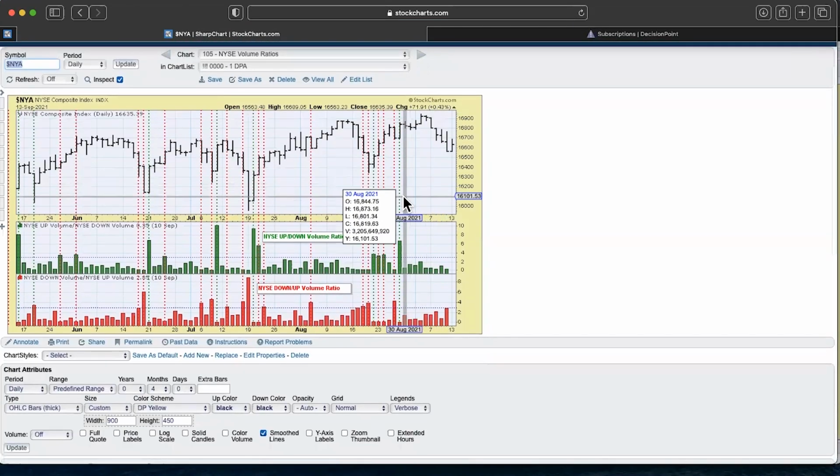And what you want to see, if it's an upside climax, is a reading above 3 on the up-down volume ratio. If you have a downside climax, you want to see a reading of more than 3 on the down-up volume ratio. Those are your confirmations. So hopefully that helped you to understand more about DecisionPoint Climax Analysis.